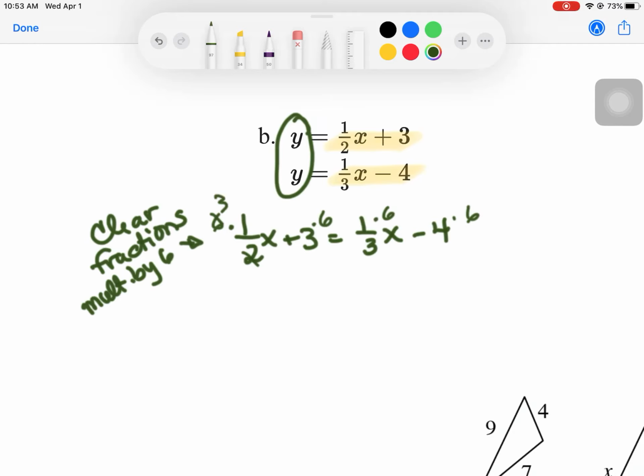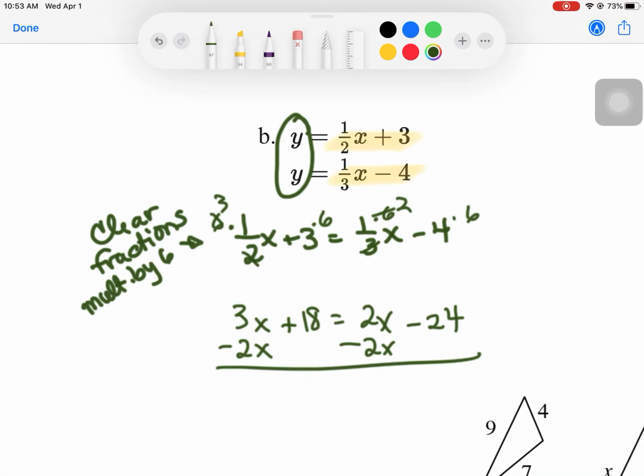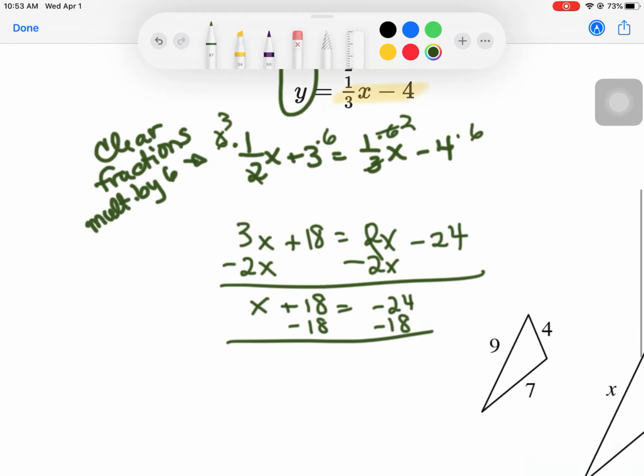The 2 goes into 6 3 times, so I get 3x plus 18 equals, and then the 3 goes into 6 twice, 2x minus 24. So I get x plus 18 equals negative 24.